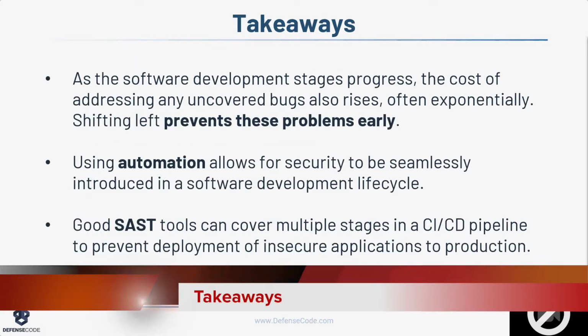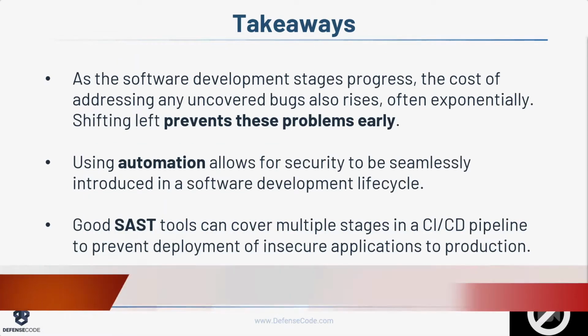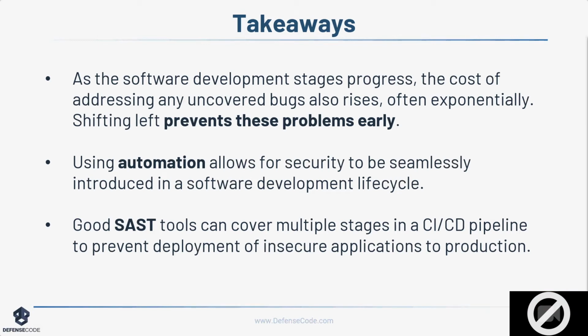Now, the takeaways from these points so far. As the software development stages progress, the cost of addressing any uncovered bugs or security issues also rises, often exponentially. So we need to shift left to prevent these problems early.